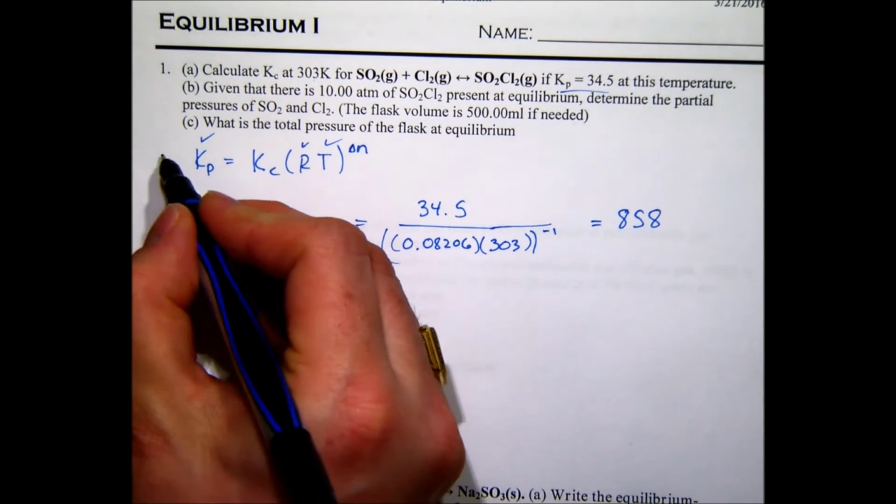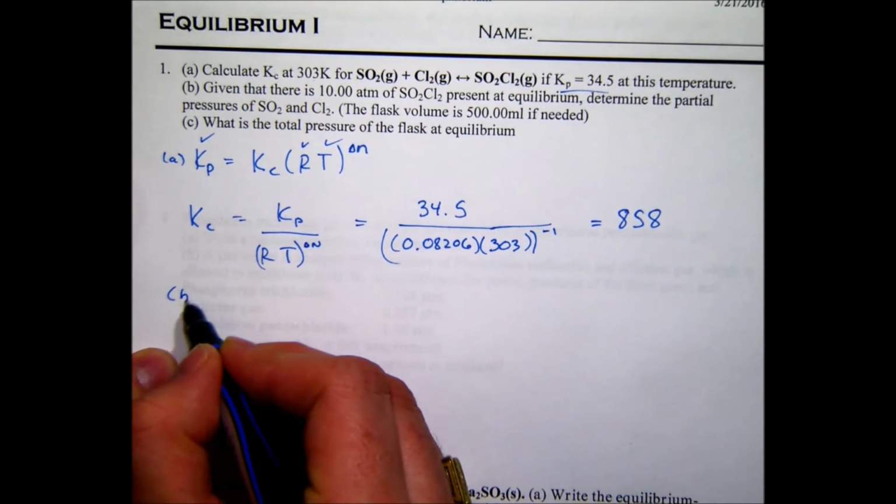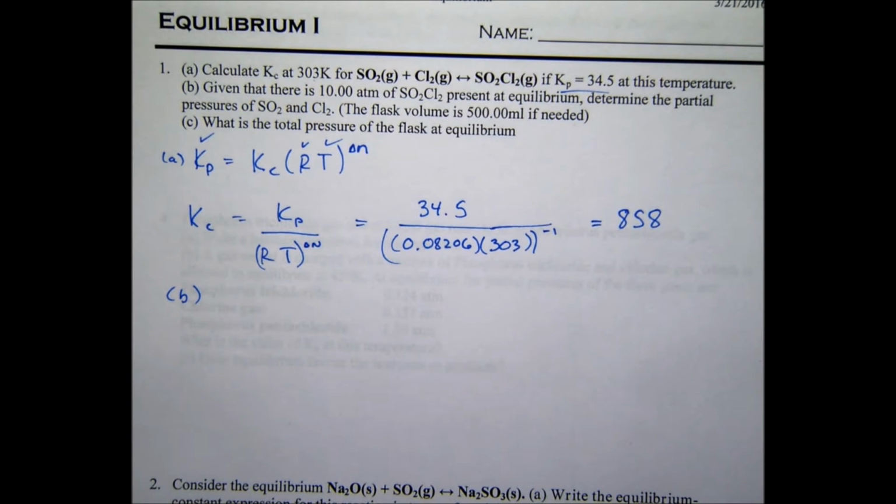So for part B, this is part A, so for part B, it says given that there are 10 atmospheres of SO2Cl2 present in equilibrium, determine the partial pressures of SO2 and Cl2. The flask volume is 50 milliliters if at all needed.